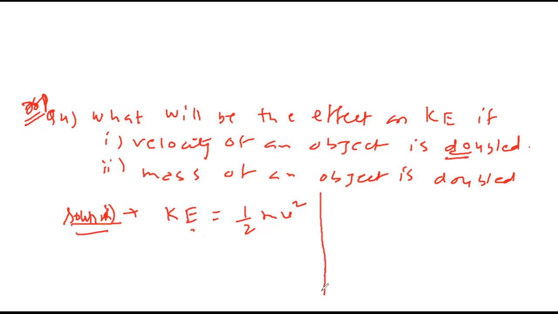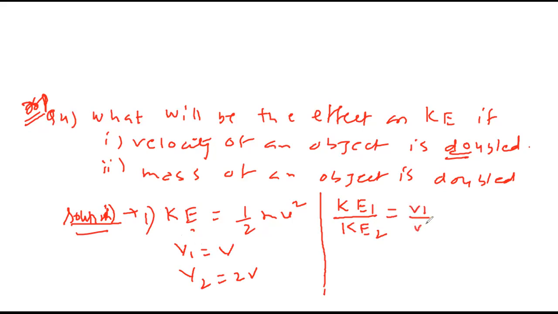Wait, one minute. First velocity is v. Second velocity is double. I want to know how much kinetic energy will become. When I take the ratio, first kinetic upon second kinetic, half mass will get cancelled. So it is V1 upon V2, the whole square.